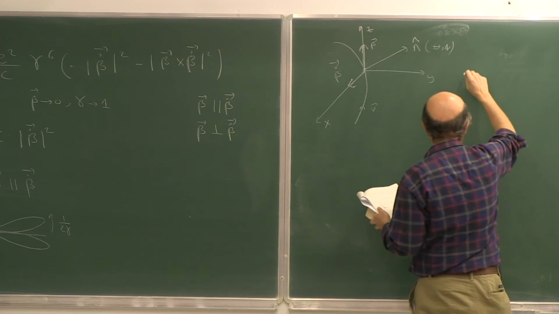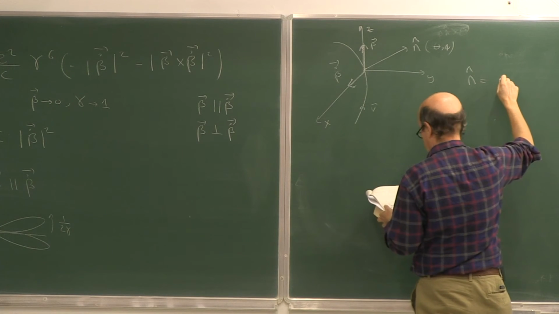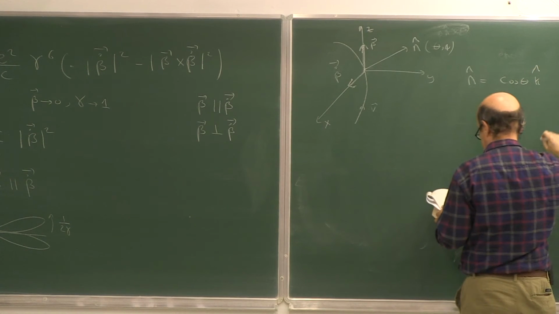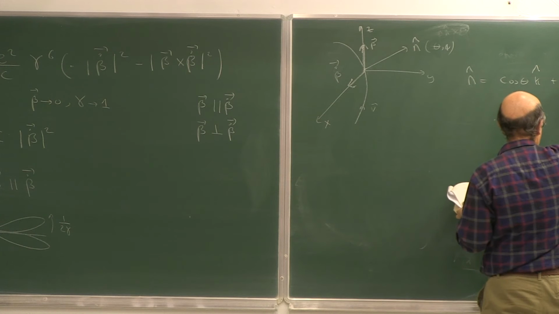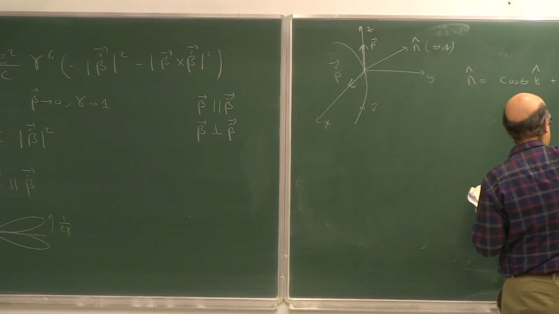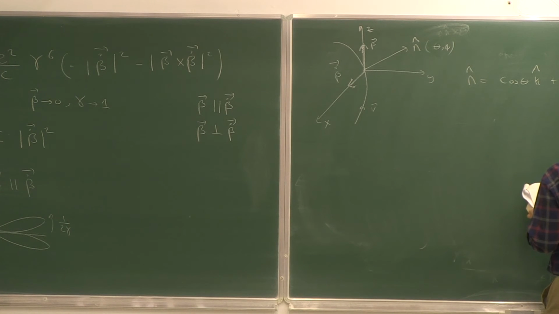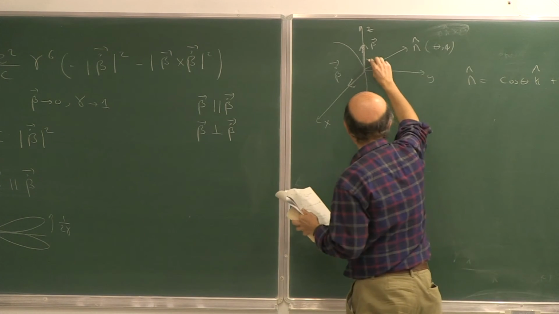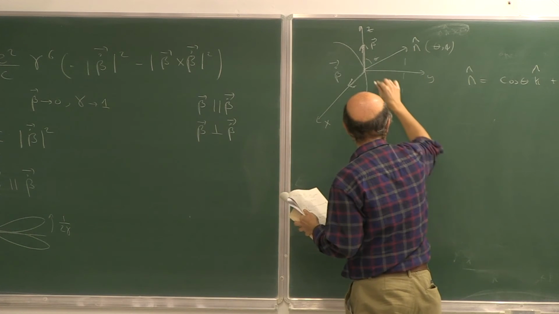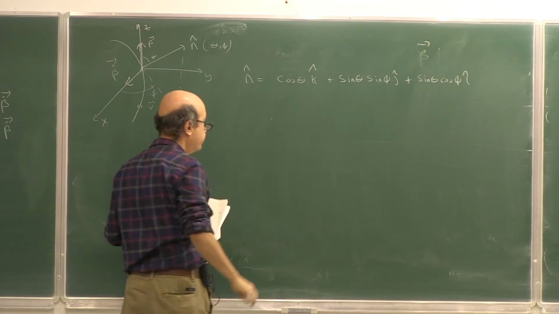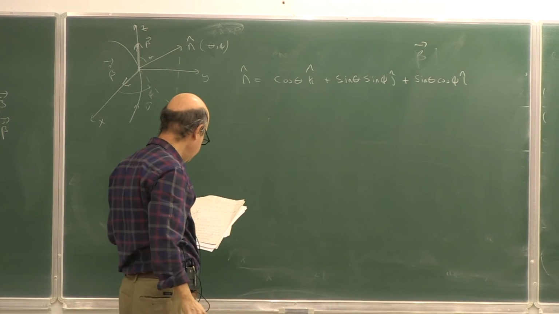So n hat is equal to cosine theta along k hat, sine theta sine phi along j, and sine theta cosine phi along i. This is the theta, this is the phi. This is the unit vector.